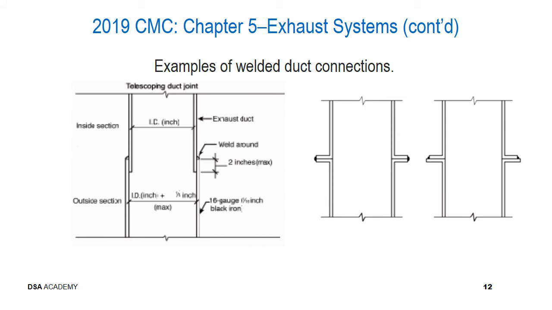So readily accessible means that, again, nothing is required to be removed to view the joints. So we would expect to see internally welded joints only in situations where you could actually see the joint. For instance, the hood itself, or maybe some other areas where nothing has got to be removed. But as a general rule, also, butt welding connections are not permitted.